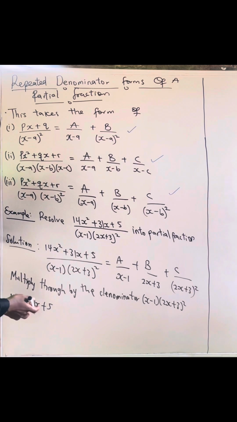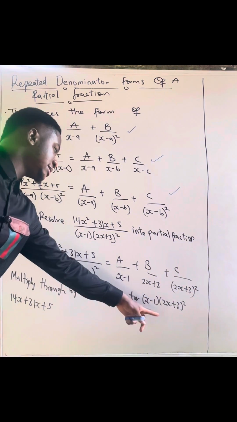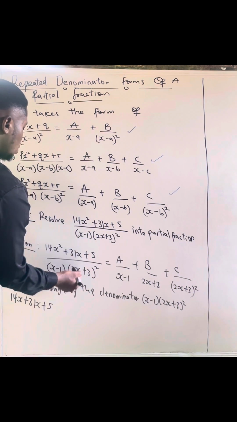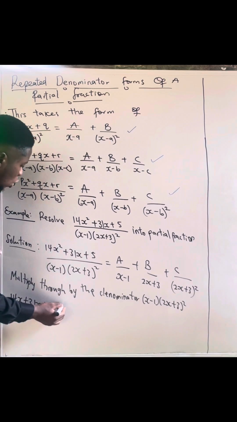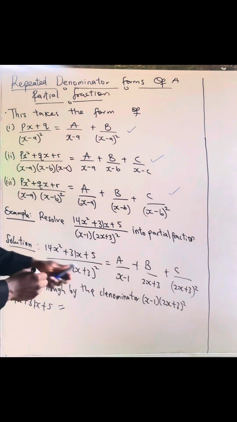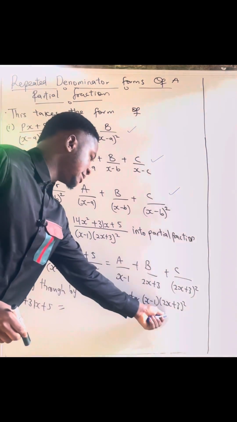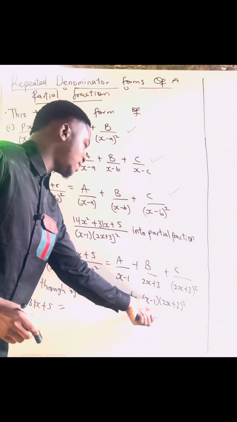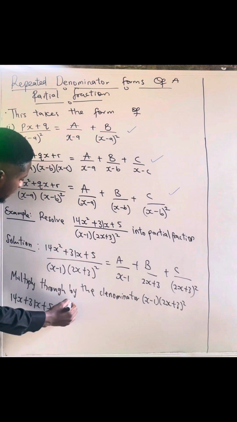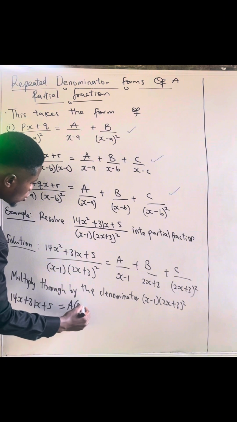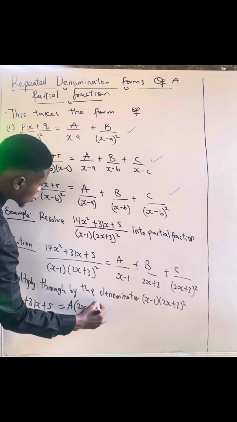Now if I multiply the first term by this denominator, x minus 1 will cancel x minus 1, so I'm going to be left with A times 2x plus 3 all squared.